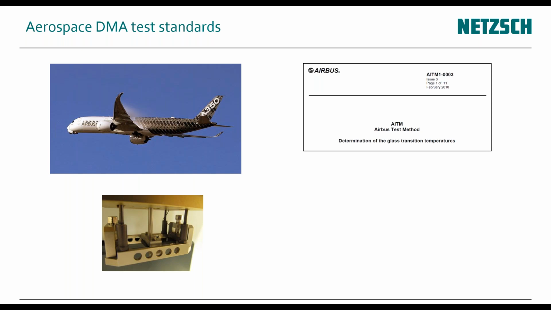It is about the determination of the glass transition temperature by dynamic mechanical analysis. This is why this kind of test is so significant for composite testing and for verifying the curing state of a composite material in the aerospace industry. And of course, this is very true for automotive industries and so on as well.